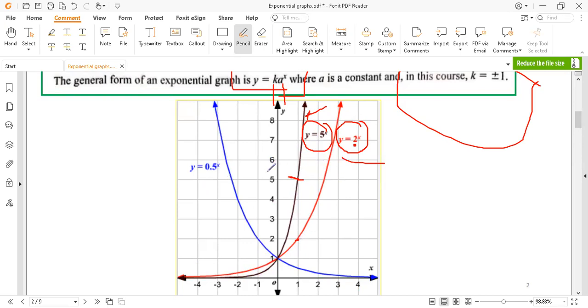Good. And this one is for y equal to 0.5 power x. For example, when x equal to 0, for all these graphs, whatever a is, when the exponent is equal to 0, the result is 1.